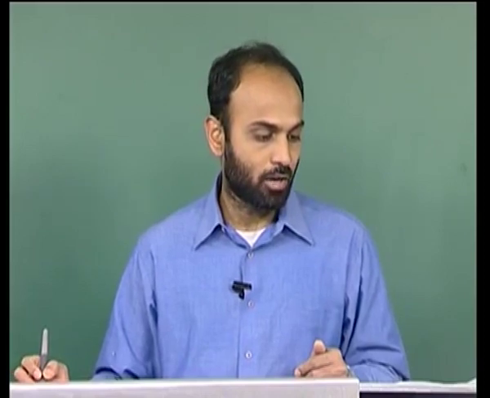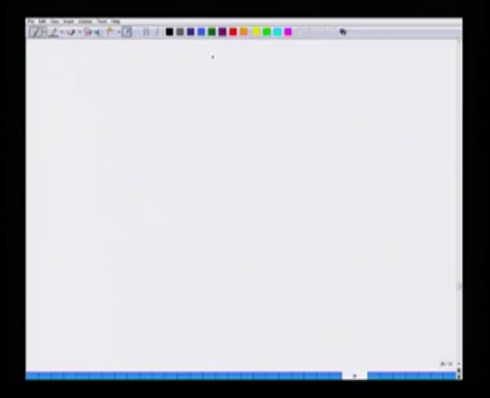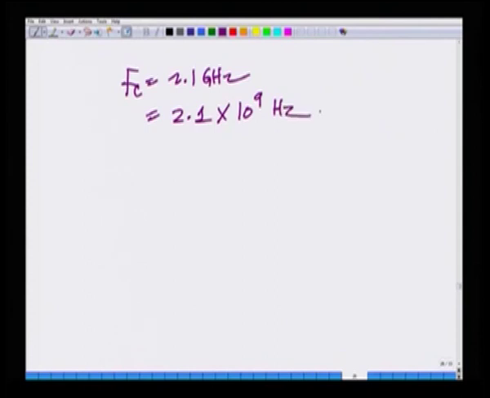So, let us start by computing that. We are given F c equals 2.1 gigahertz, which is 2.1 into 10 to the power of 9 hertz, and we also know that lambda equals 3 into 10 power 8 divided by 2.1 into 10 power 9, which equals 0.143 meters.